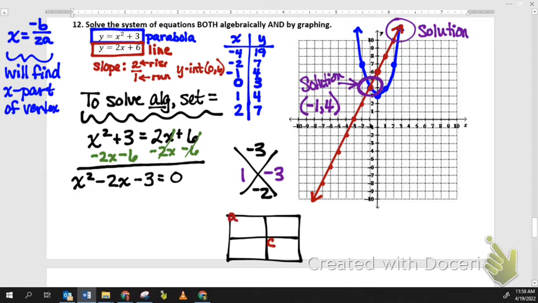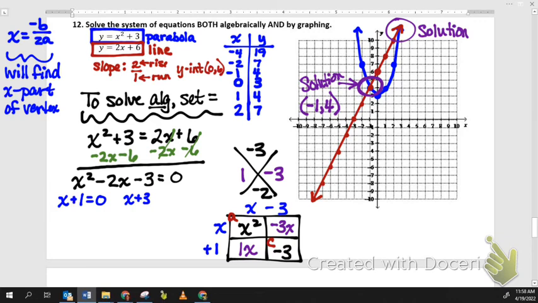A and C. So I have x squared here, -3 here, 1x, -3x. I get x plus 1, x minus 3. We take our factors and set them equal to 0. X plus 1 equals 0, x minus 3 equals 0, sorry.